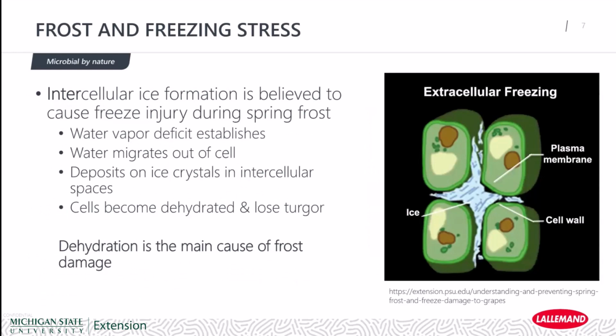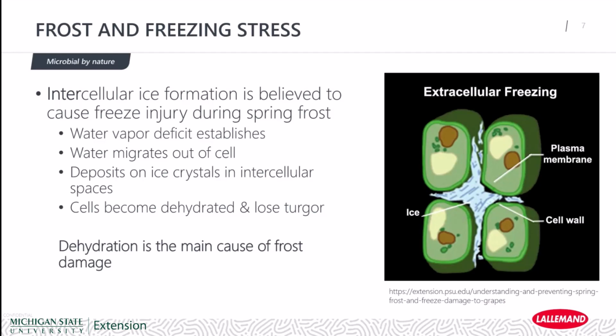We really care the most about intercellular freezing, so that freezing that occurs between your cells. And that's actually what is believed to cause injury during spring frost. So when this happens, what you'll actually get is a vapor pressure deficit being established between the inside and the outside of your cell, and it'll cause water to actually move out of your cell.